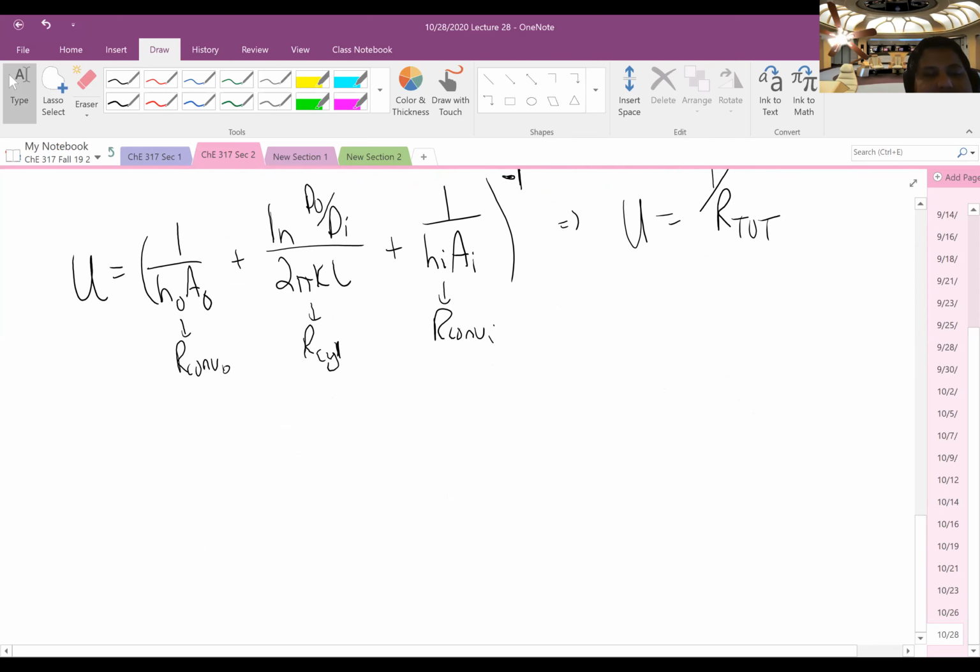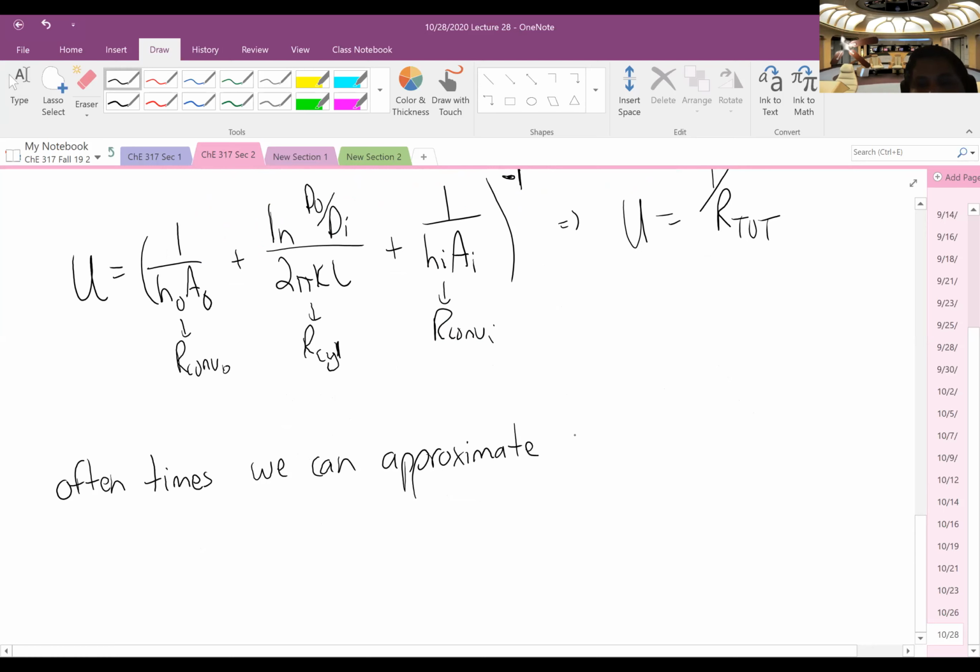Now, oftentimes, we can approximate our U value using a simplified expression.